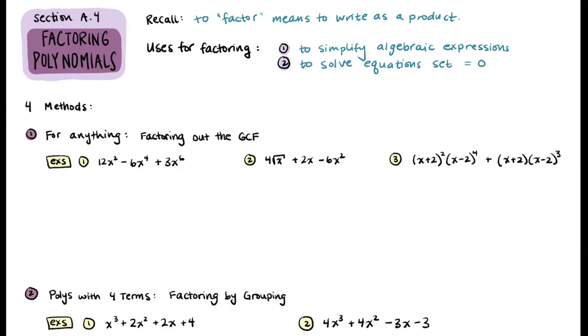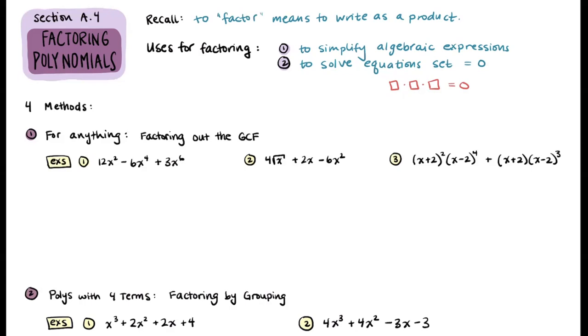And the reason for that is because if you have a product of 2 or more things and you have that product set equal to 0, so something like this, where those 3 boxes could be anything, then one of these boxes has to be 0, because you can't multiply numbers together and get 0 out unless one of those things is 0. So factoring is the best tool that you have to solve things like that.